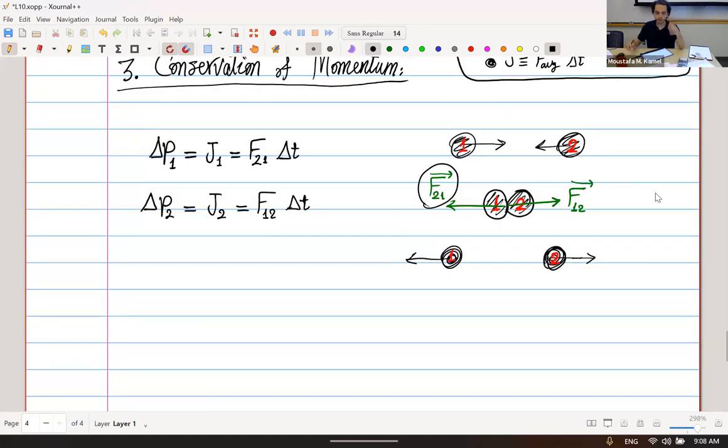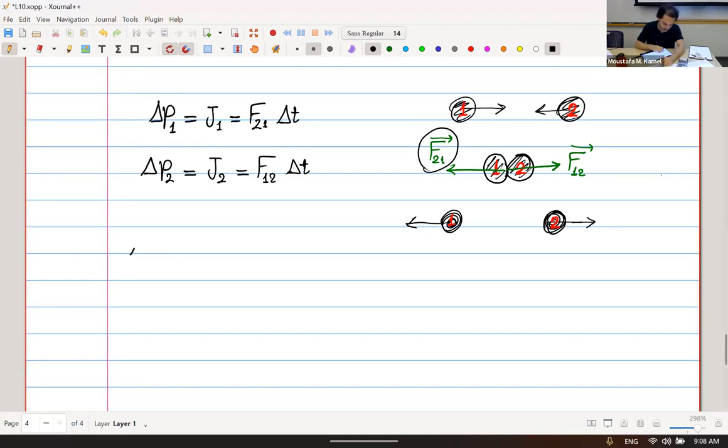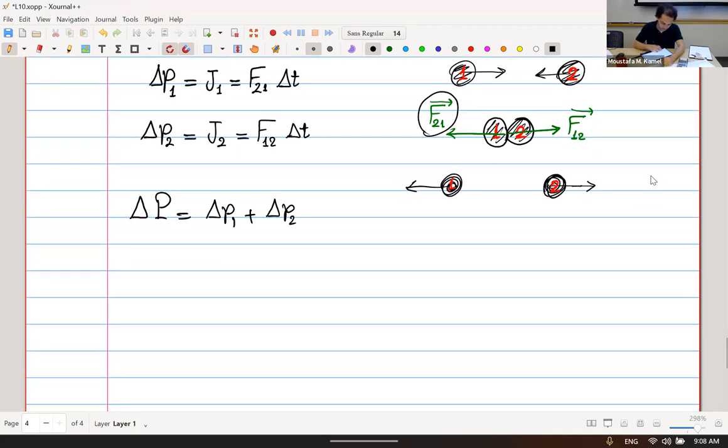And if we want to combine these two objects in one system and get the change in their total momentum, then we say the change in the total momentum of the system is the sum of the changes of the small momenta, which in this case will be F21 delta t plus F12 delta t.